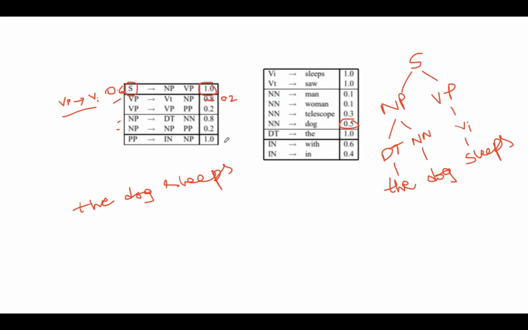We'll now assign a probability to this parse tree, which is simply the product of the probabilities of the different rules.